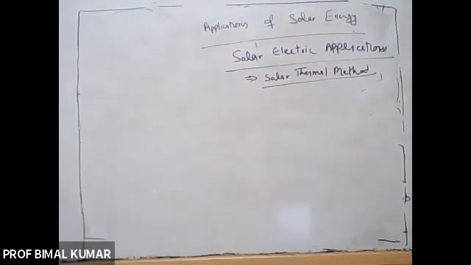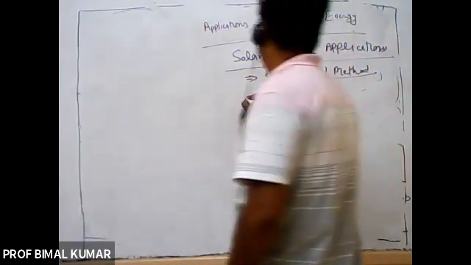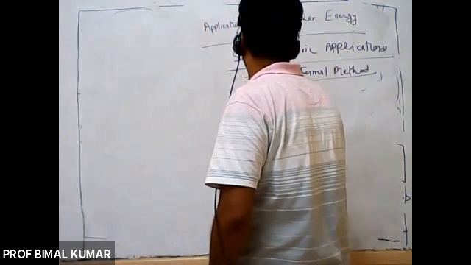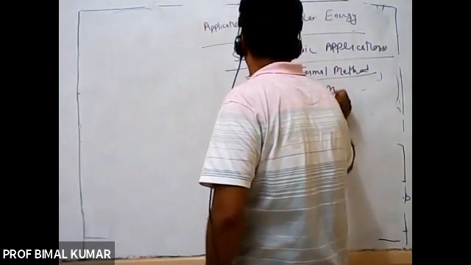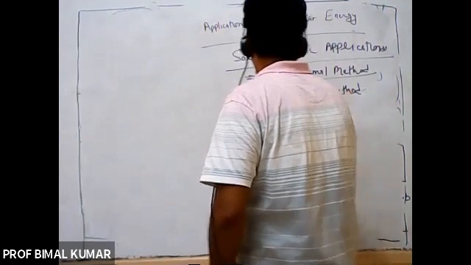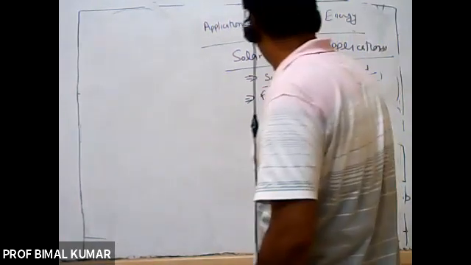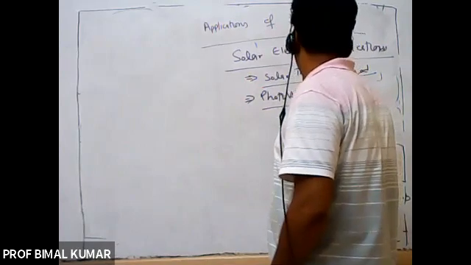Second is the photovoltaic method. In this method we use devices like solar cells to convert solar energy directly into electrical energy without machinery, right? Here in the photovoltaic method we are using a PN junction.